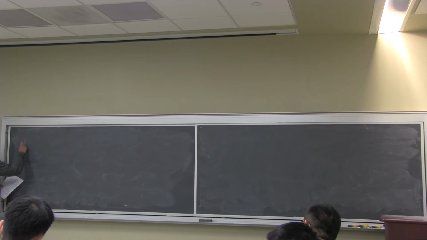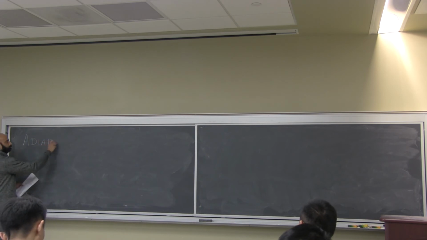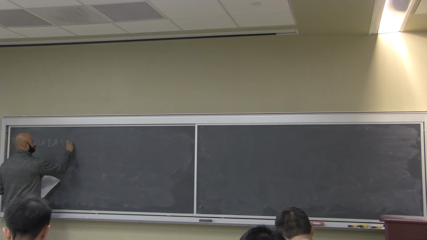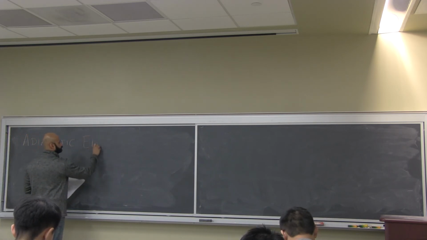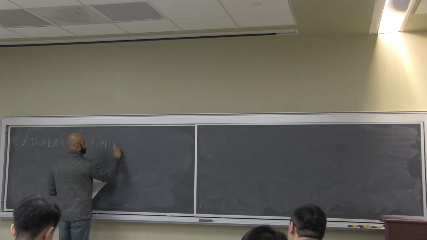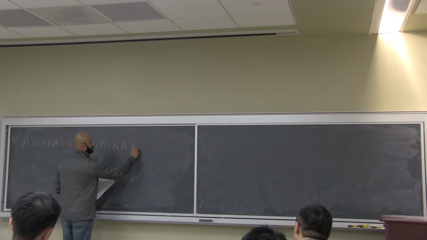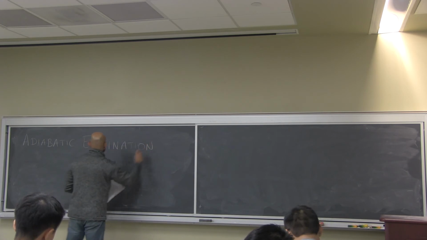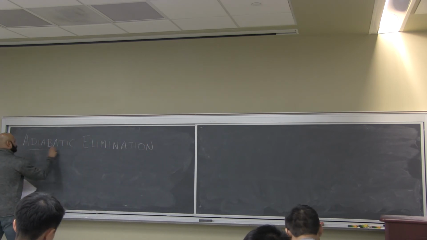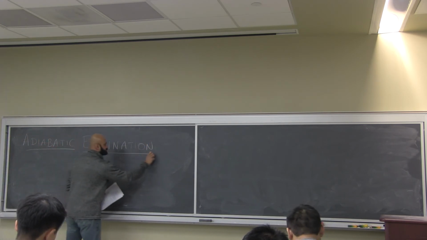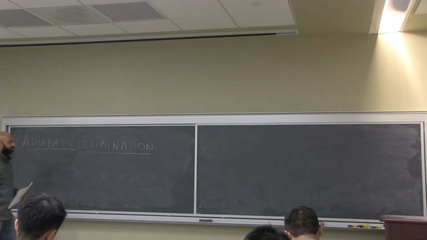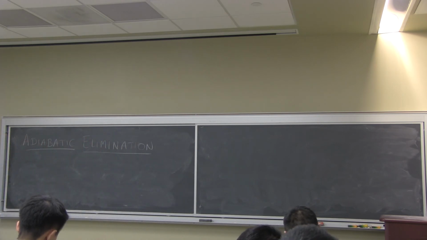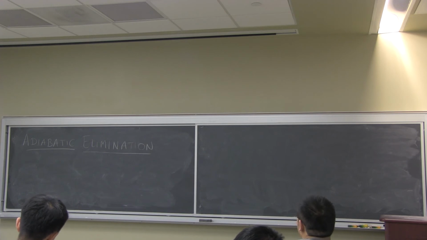This approximation technique is called adiabatic elimination. Very important technique in quantum optics. You'll see it pop up again when we do things like three-level atoms, master equations, etc. Okay.